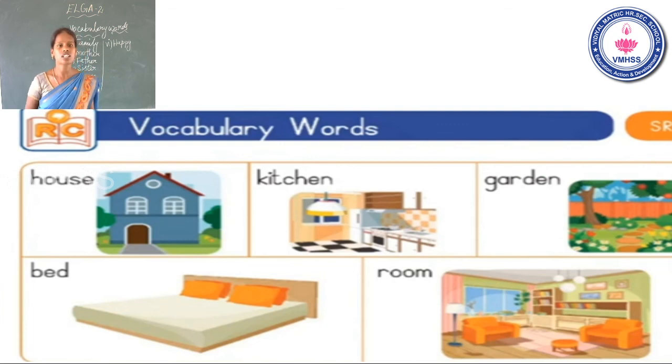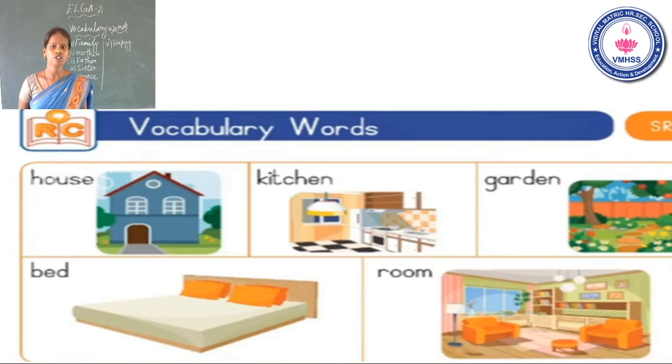These whole words we learned in the last class. One time we recap the vocabulary words. The first word is house. Second word is kitchen. In the kitchen we prepare food. Next one is garden.